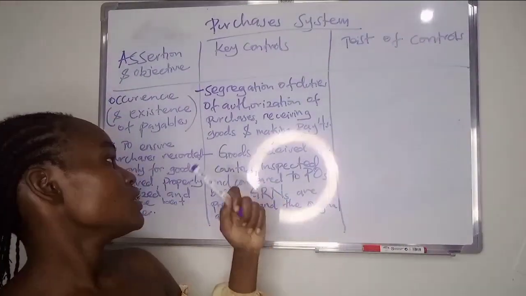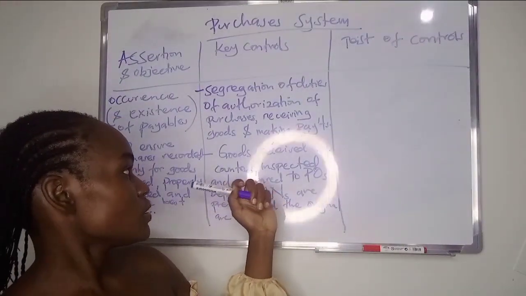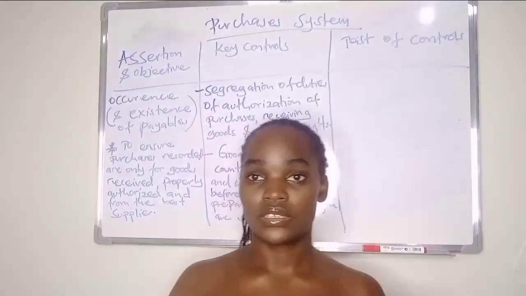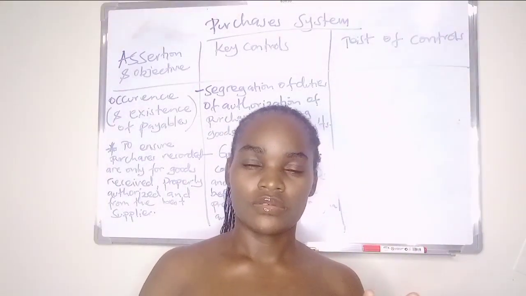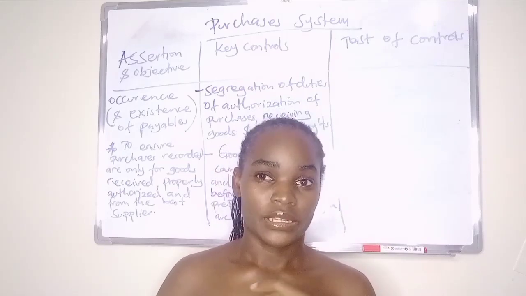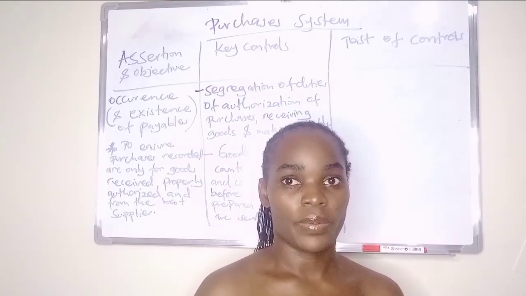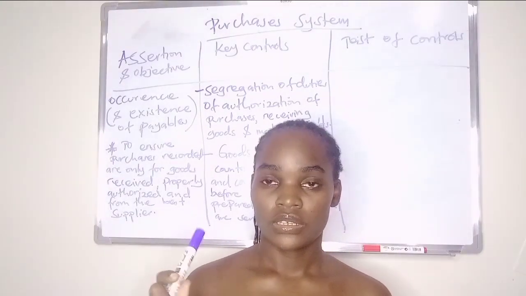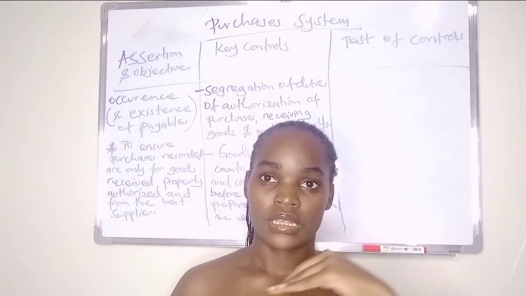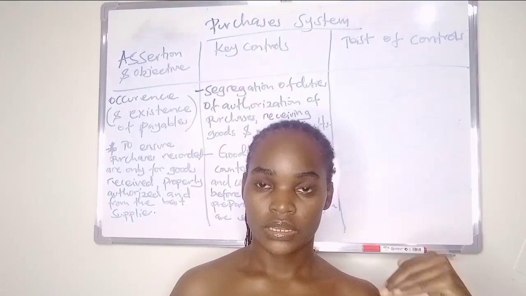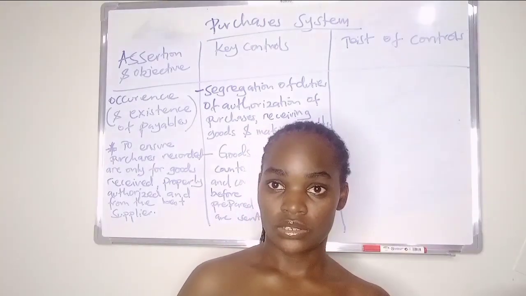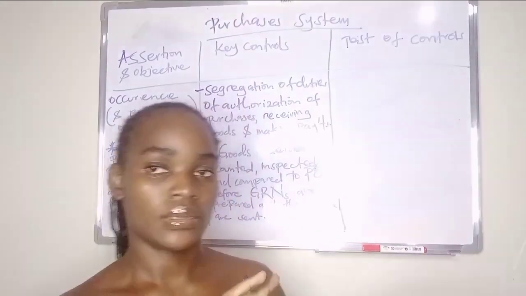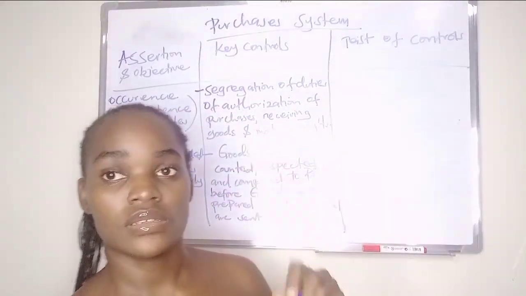For this one, the auditor observes the receiving of goods to see if there is proper counting and inspection, and selects a sample of goods received notes to see if there is a corresponding purchase order. So that is the occurrence assertion.